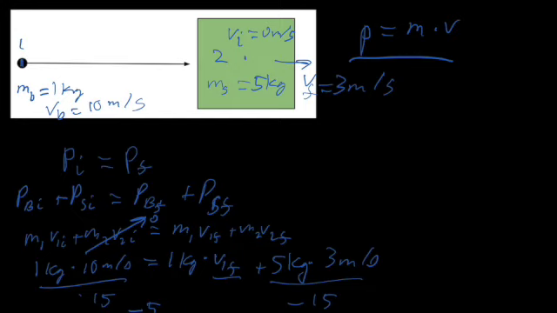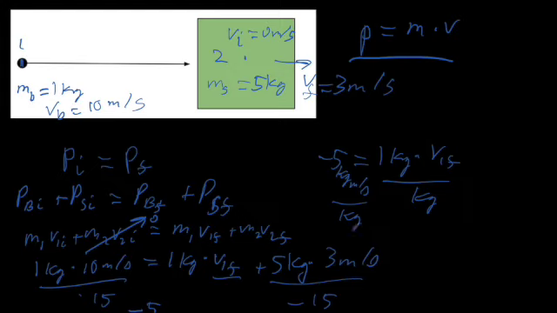We can rewrite this up here: negative 5 equals 1 kilogram times the final velocity of the ball. This is in terms of kilograms times meters per second, so we divide by kilograms on both sides. What we get is that negative 5 meters per second equals the final velocity.